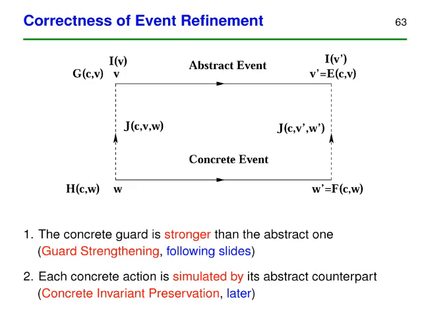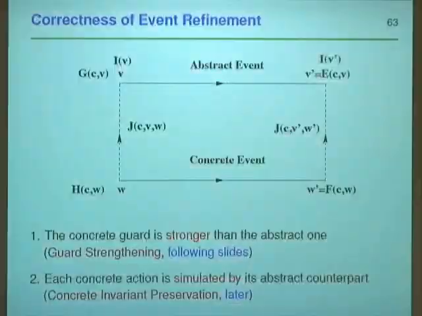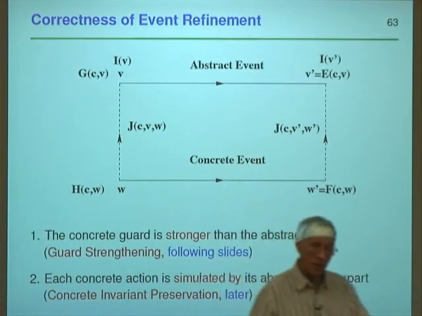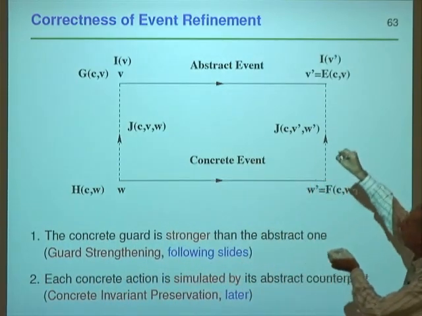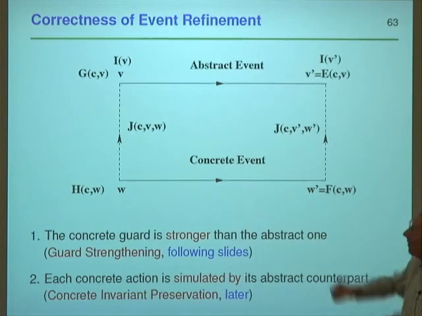So here this is the diagram. We have a concrete event and an abstract event. In our case, the abstract event was working with N, and the concrete event is working with A, B, and C. And here we have the gluing invariant. The intuition of the refinement is exactly what you say.